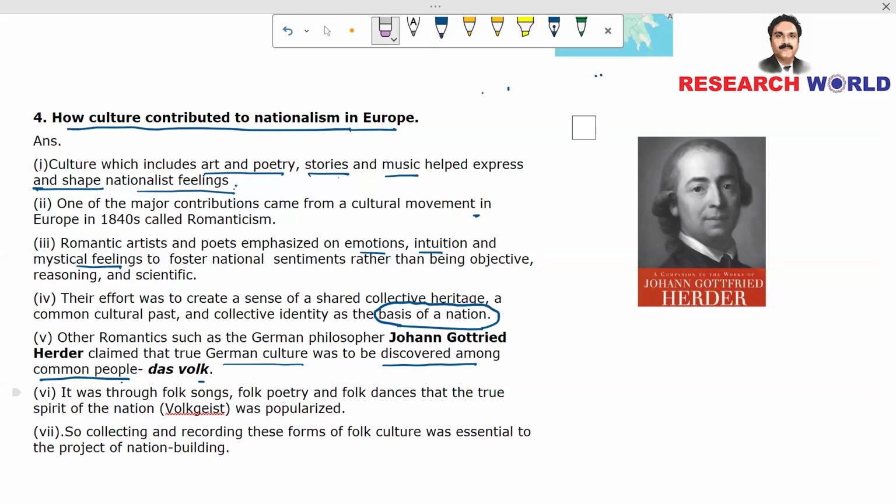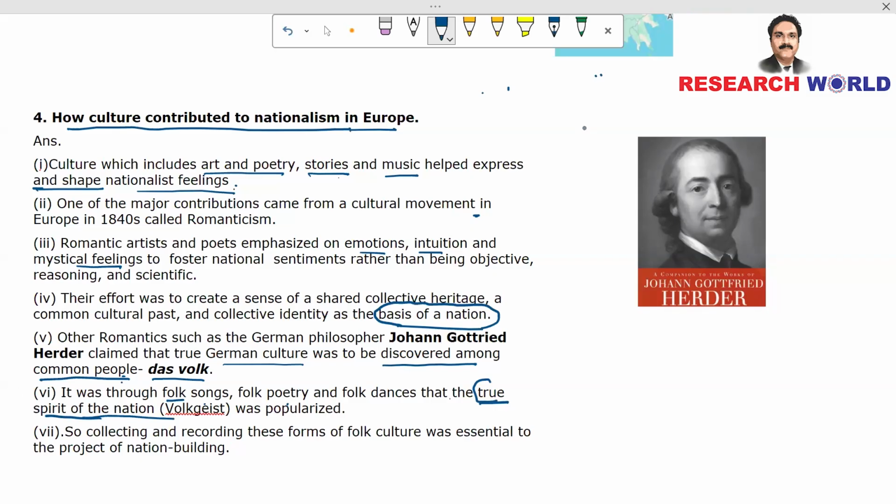Folk is nothing but used by common people, the Volk. They always use this kind of folklore. They have folk songs, folk poetry, folk dances, folk stories, etc. And that is the true spirit of the nation.